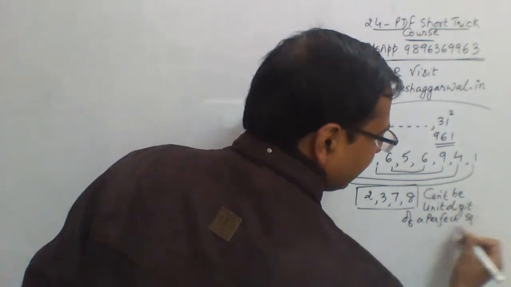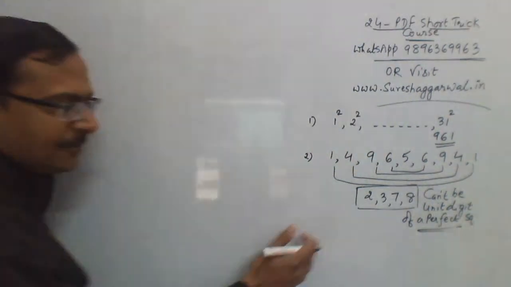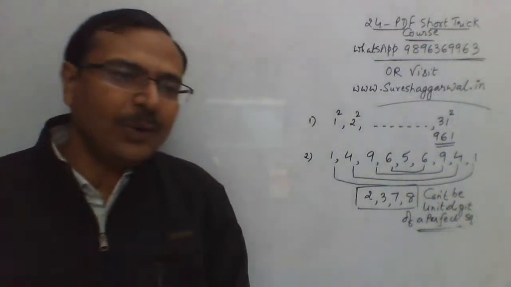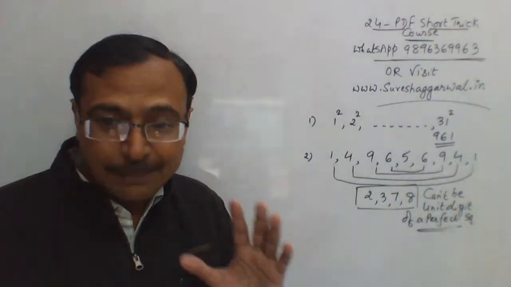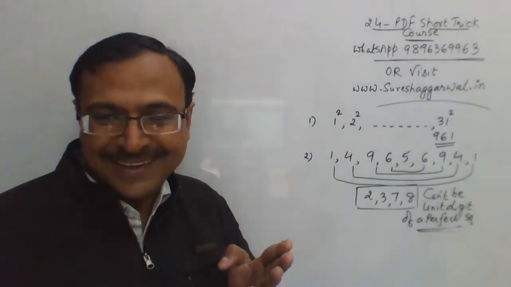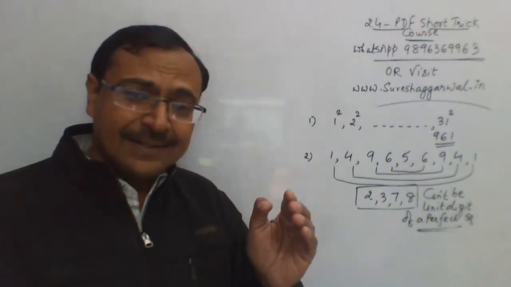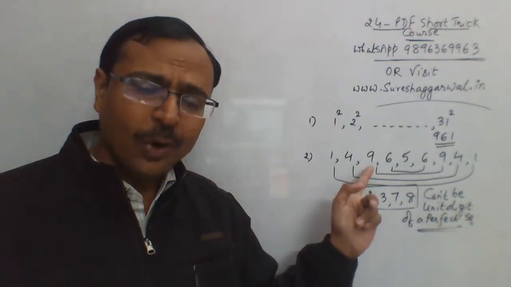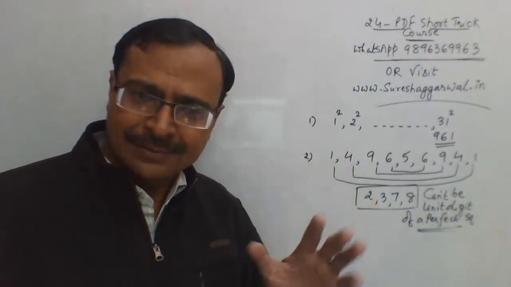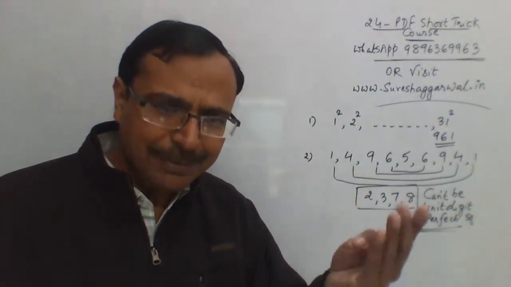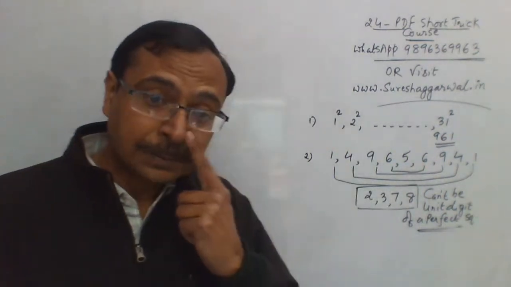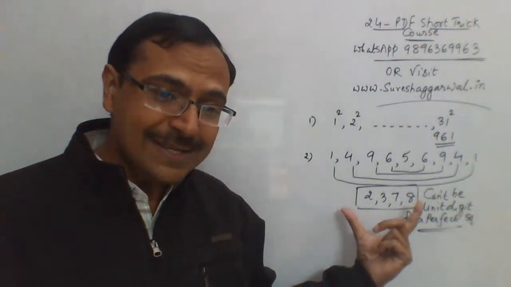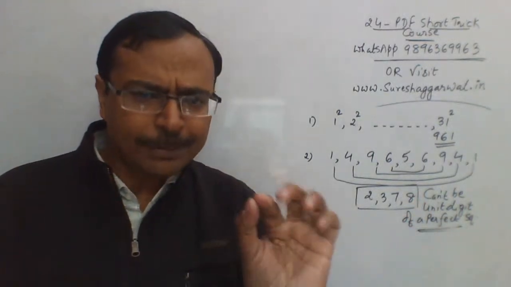Now, something really, really interesting which you should understand. When I tell this to my students, they point out something to me and they say, sir, even 9 or 4 or 1, they also might not be perfect squares. And yes, you are right. But 2, 3, 7, 8 are definitely not perfect squares.